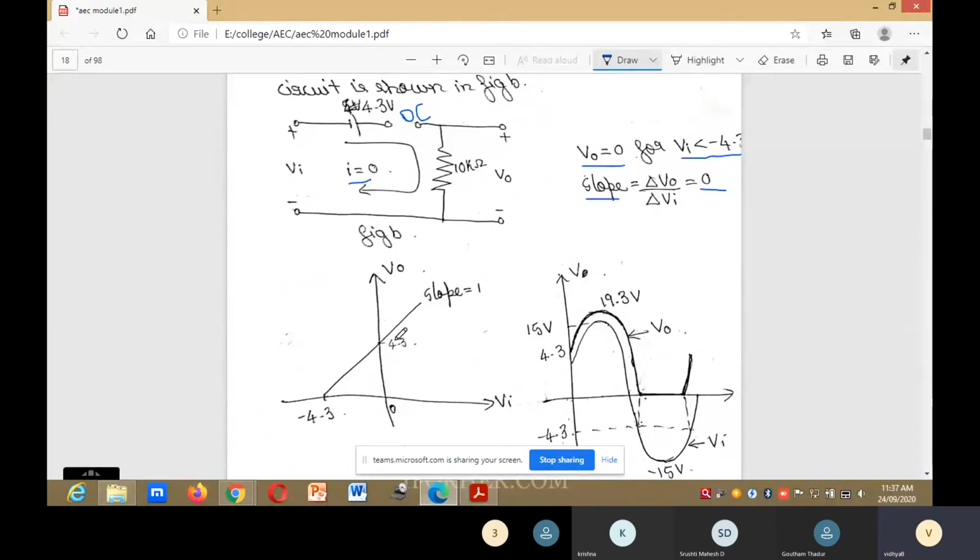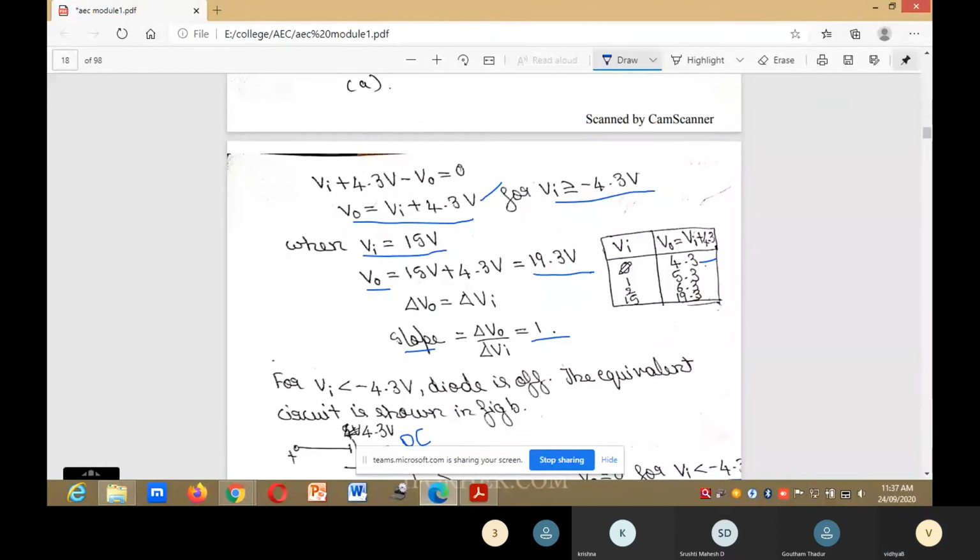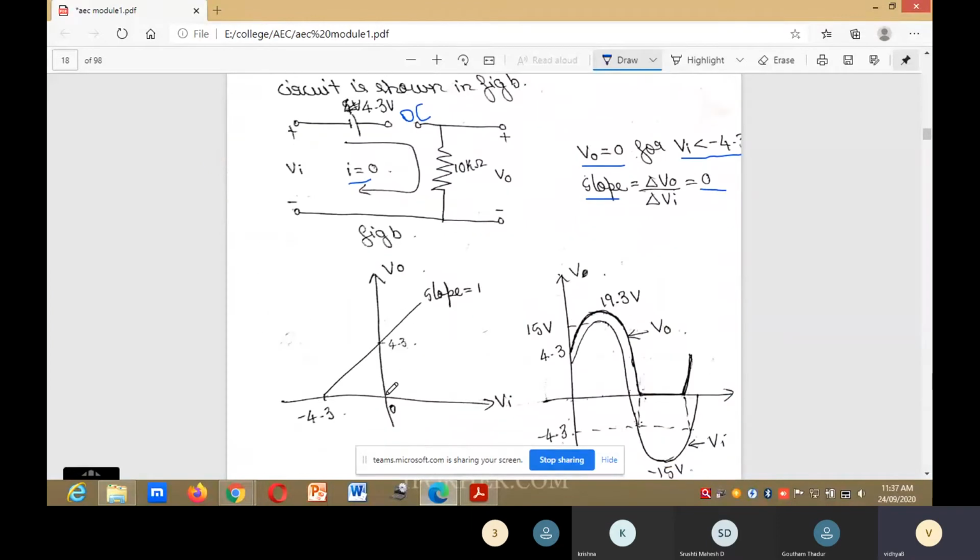For the transfer characteristics, you need to see these values. When Vi is equal to 0, we got 4.3.